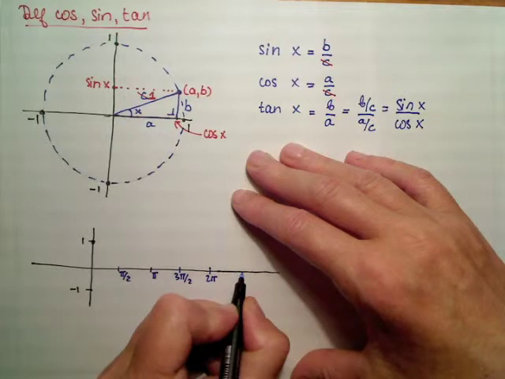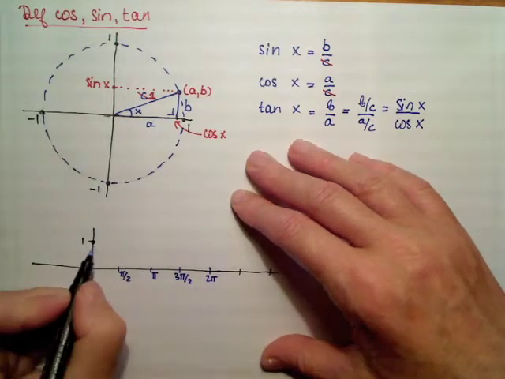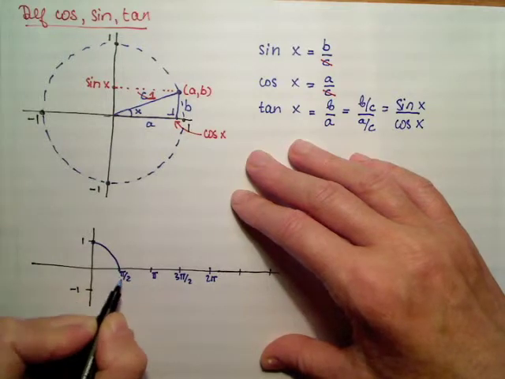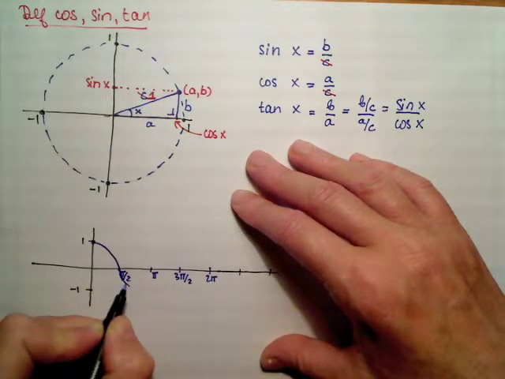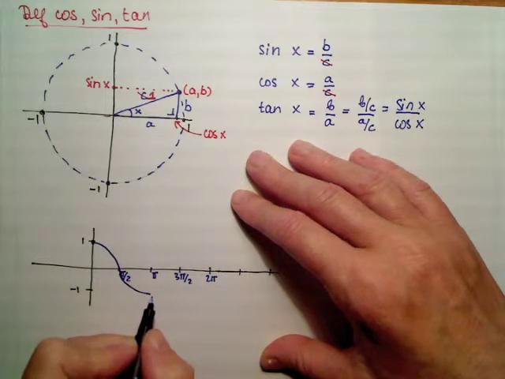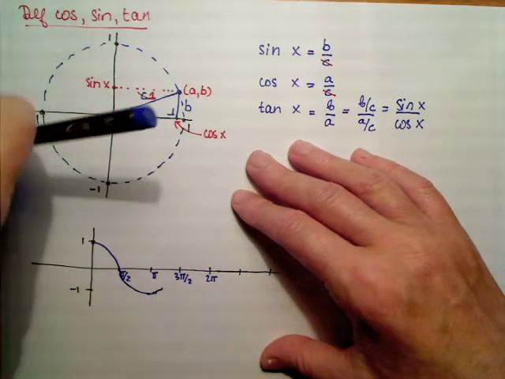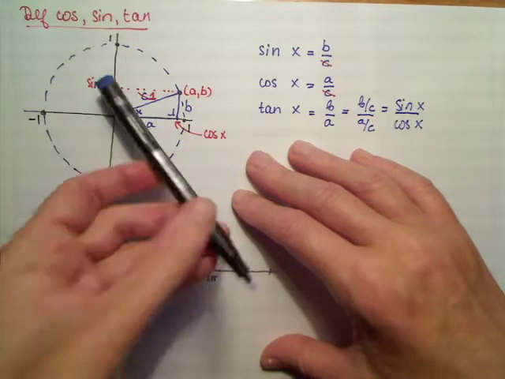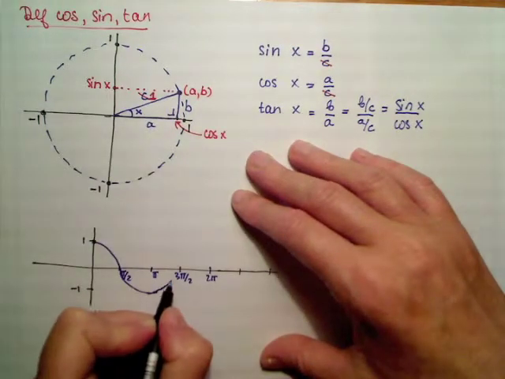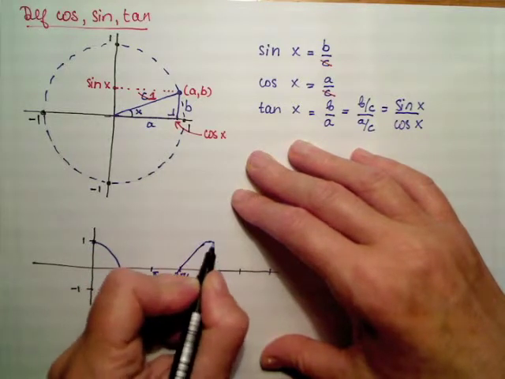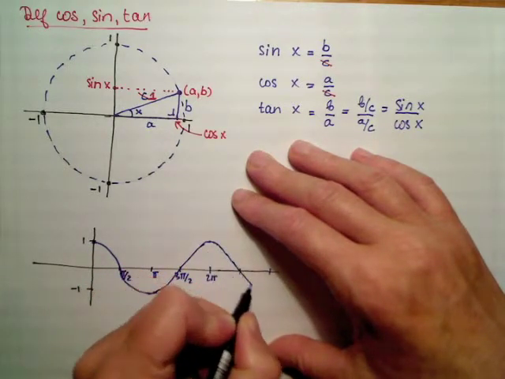And we get, so what happens is that cosine is 0 at pi over 2, then it decreases further to minus 1 at pi, and then it goes up again if you just move around the circle. And then it repeats itself.